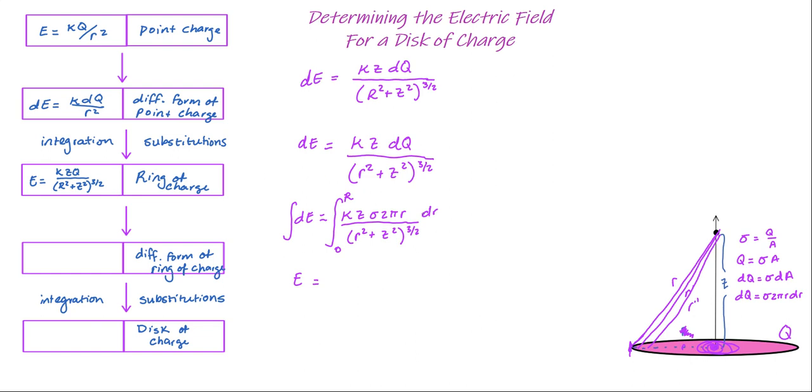Now there are a lot of things here that are constant, and I'm going to pull all of those out. So k, z, sigma, 2, and pi are all constant, and I'm really integrating r times r squared plus z squared to the negative 3/2 with respect to r. So this is really the expression that I'm going to be integrating.